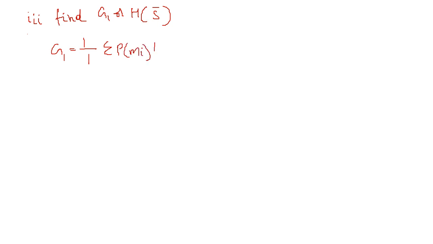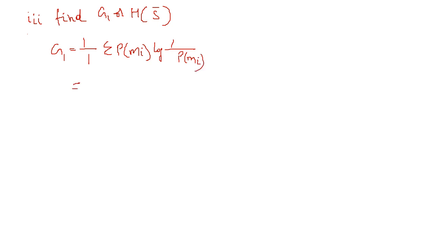The last part of the question, that is the third question, is to find the G1 value or H of S bar. Now we know that G1 is nothing but 1 by 1 into summation of P of Mi into log of 1 by P of Mi. So these are nothing but symbols emitted at first interval of time.